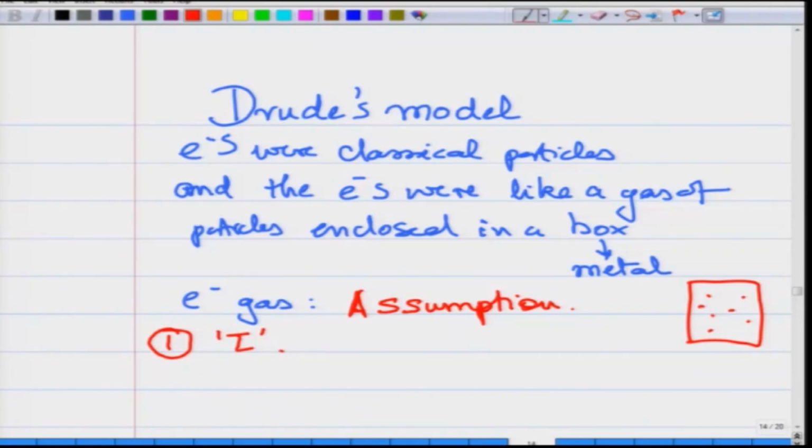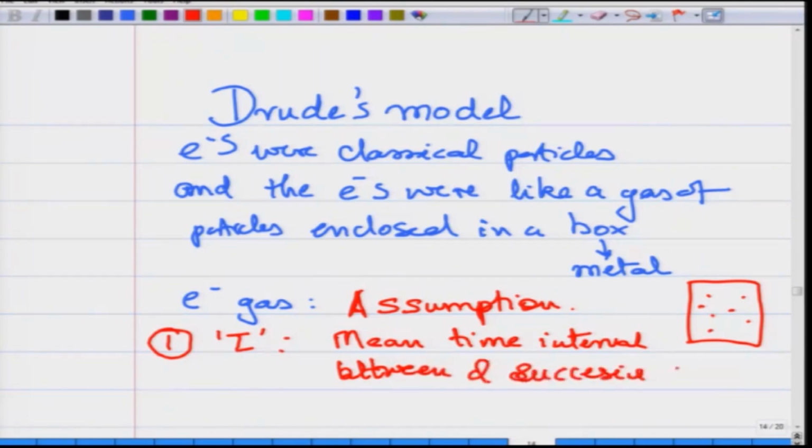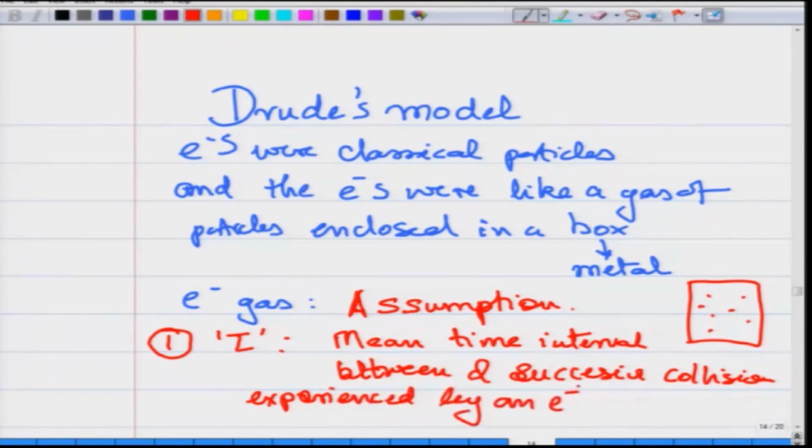These electrons are not continuously moving, but they typically encounter a collision. The mean time interval between two successive collisions experienced by an electron is tau.